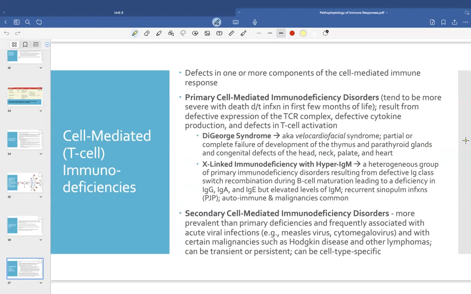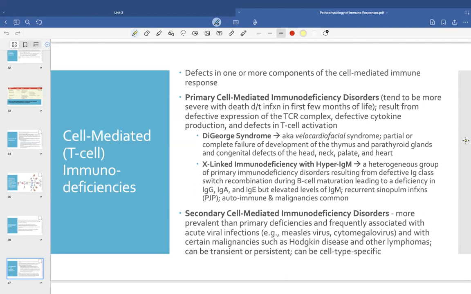So, primary, again, these are patients that don't do well. If you have one of these disorders, you're not going to do well with T cell problems, especially fungal infections, some viruses, some parasites.